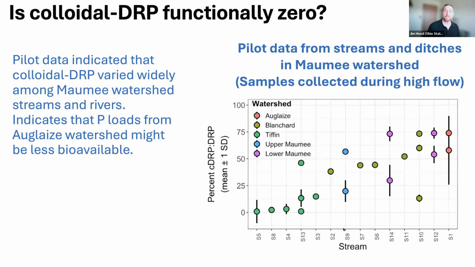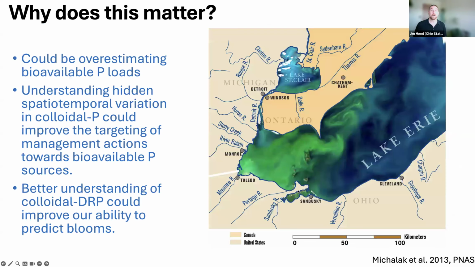And this all matters because it suggests that we could be overestimating bioavailable phosphorus loads. It also suggests there's a lot of spatial and temporal variation in colloidal phosphorus, which, if we understood it, we could use to do a better job targeting subwatersheds that were contributing more bioavailable phosphorus to Lake Erie.